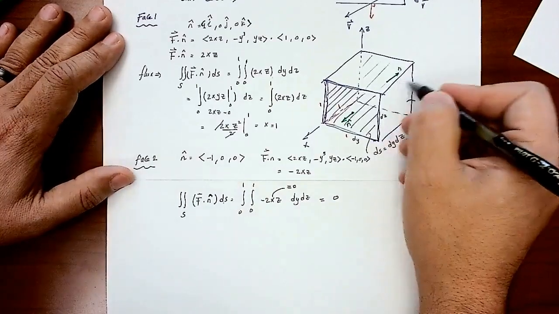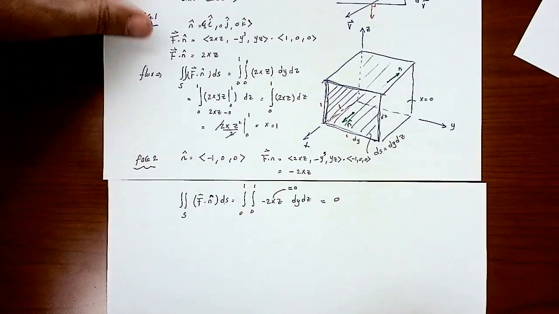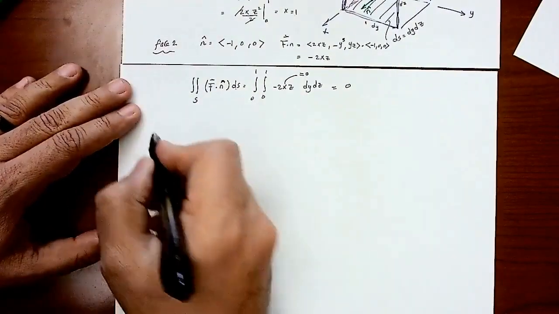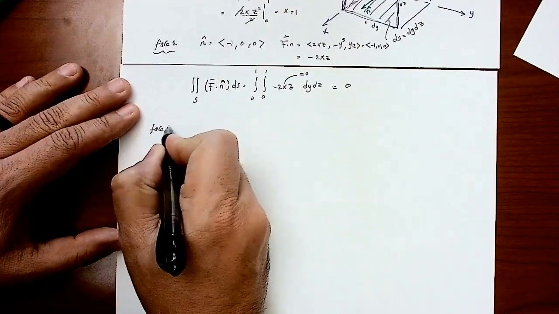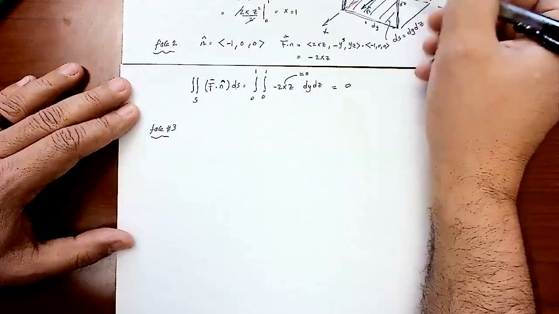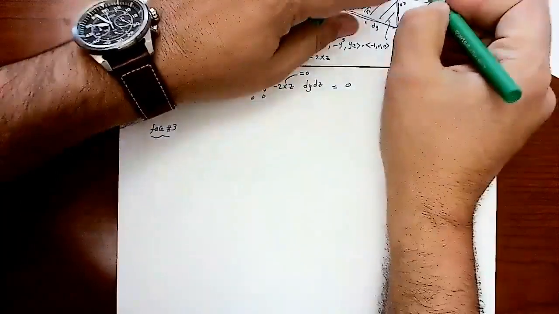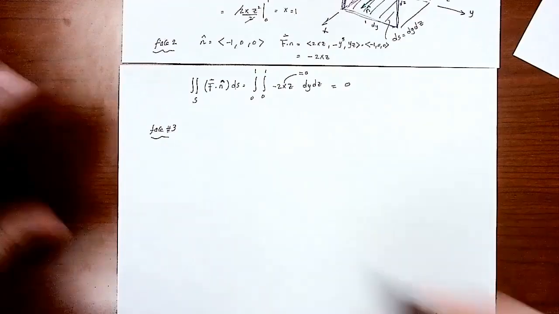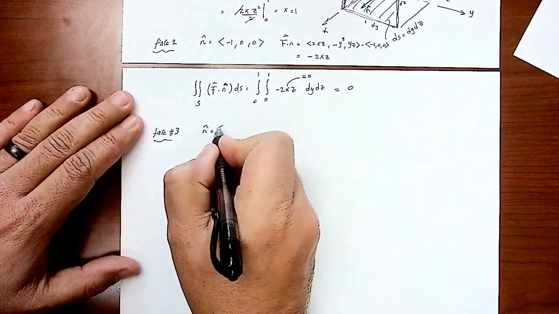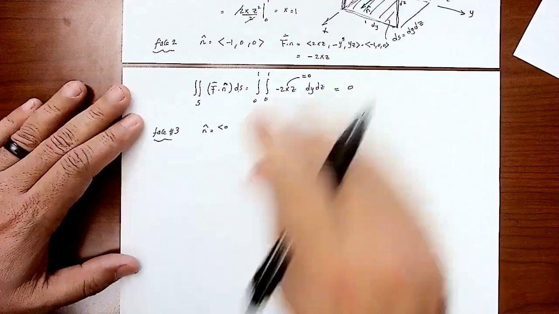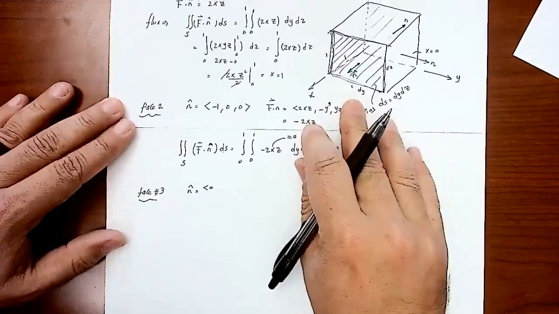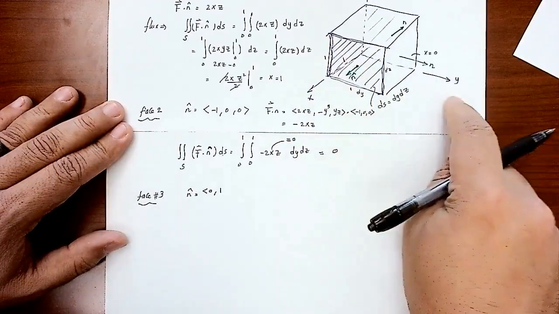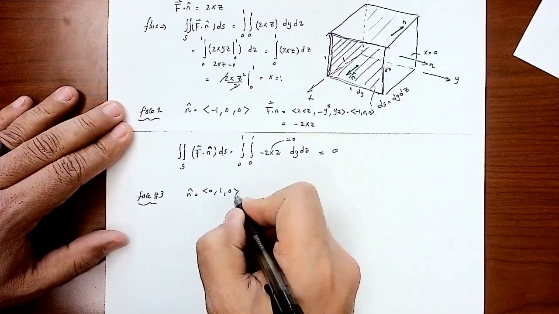Let's take a different face. I will go for face 3. I will pick this face here and draw the normal vector. So n, in this case, will be 0 in the i direction, 1 in the y or j direction, and 0 in the z direction.